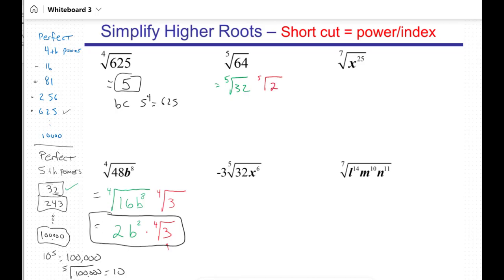Now I'm factoring out the fifth root of 32 because it has a perfect answer. 32 is a perfect fifth power, so the fifth root of 32 equals the whole number 2. Now, the fifth root of 2 is stuck. I cannot make that more simple. That is our simplest answer.